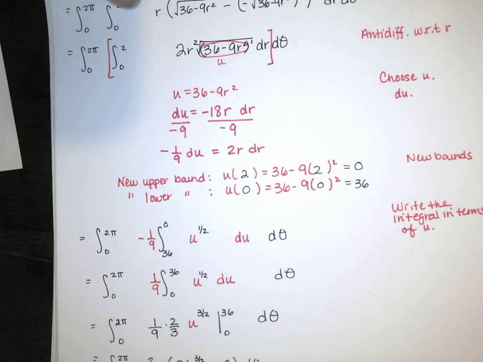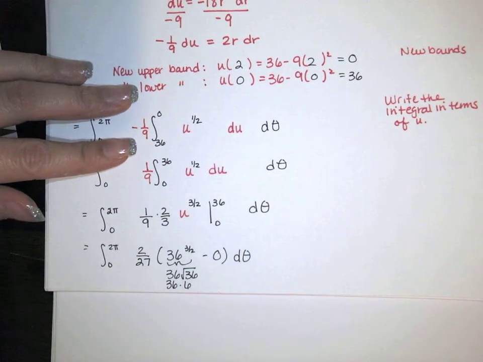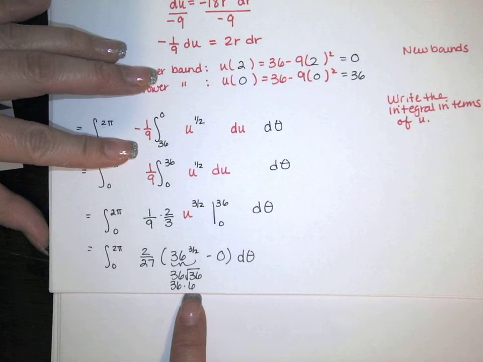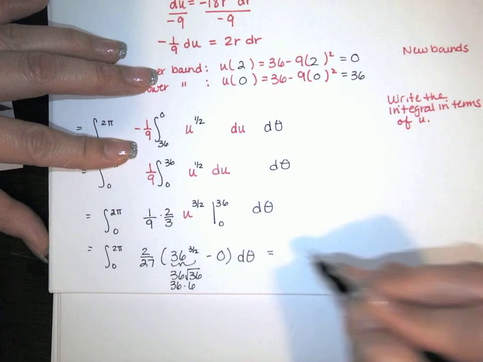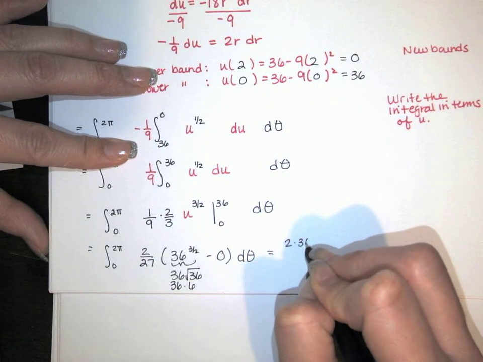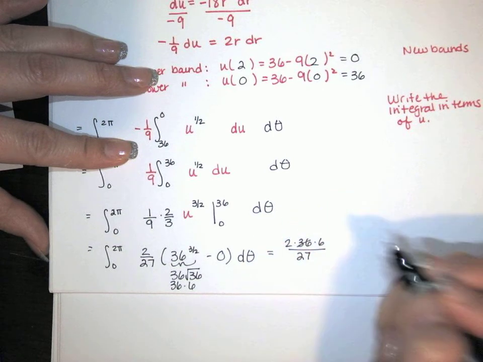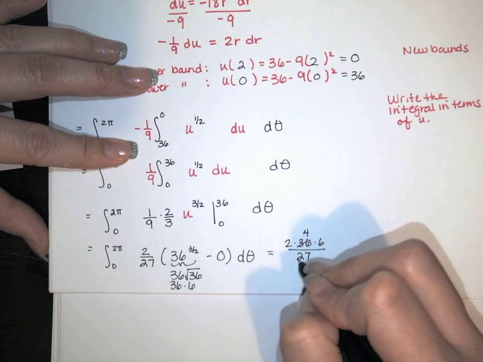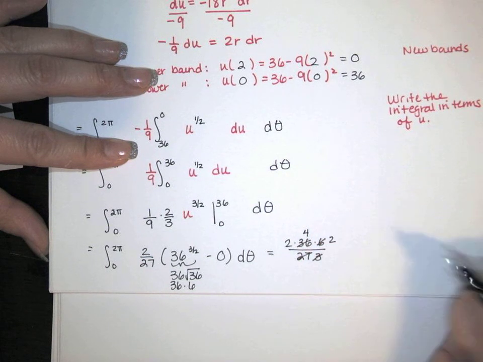Just gives me a quick way to calculate that. So I've got 36 times 6 times 2 over 27. Actually, let's write it that way. 9 goes into 36 4 times, 9 goes into 27 3 times, 3 goes into 6 twice.